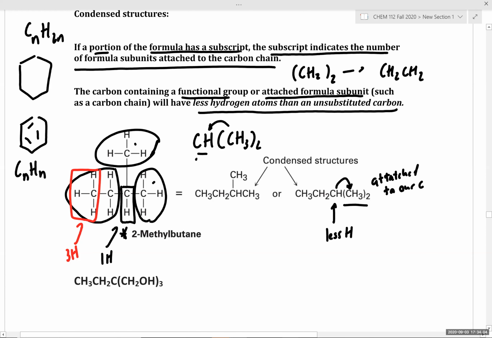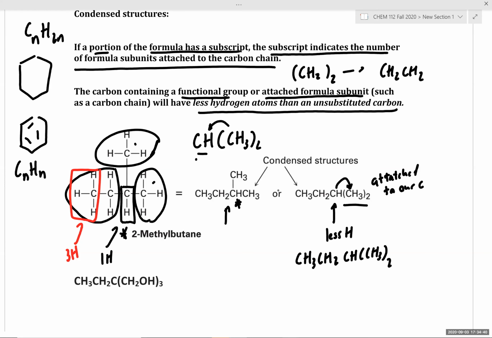It has 1 less hydrogen. Yep, exactly right. And that's a signpost: there's something attached to our carbon in place of a hydrogen. Perfect. So this would be a partially condensed structure, and then we can condense our chain further by noting that attached to this CH functionality, we have 2 of our CH3s or methyl groups. Does that make sense to everyone?